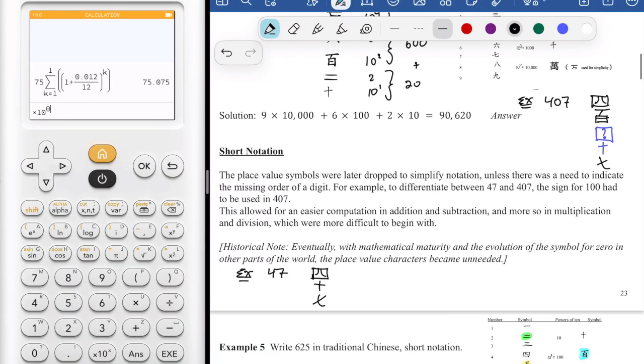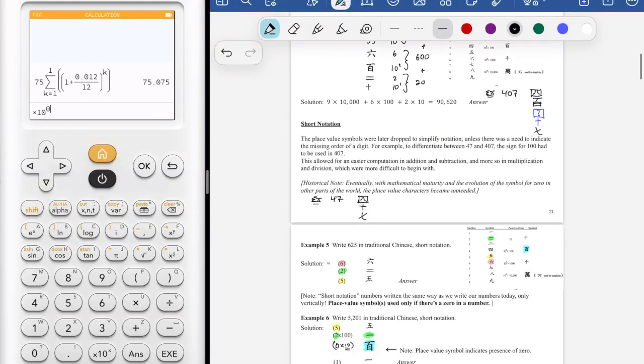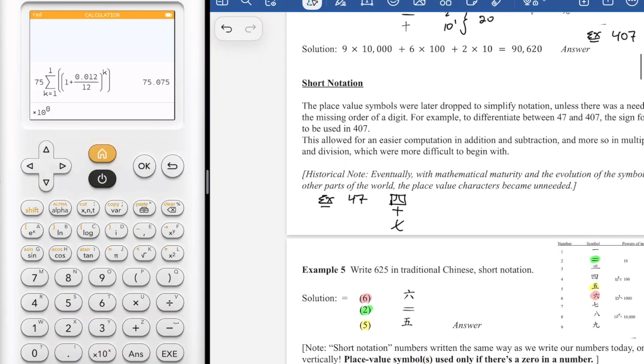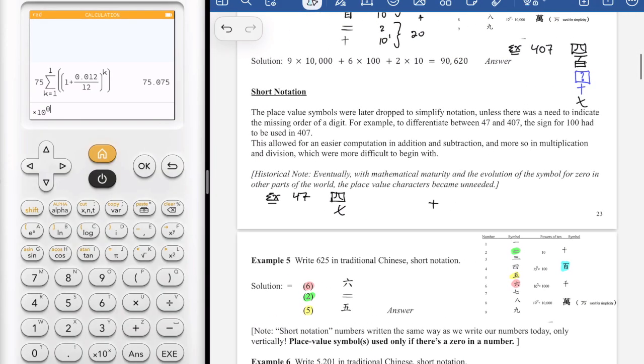All right, but if I'm using the shorthand notation, what would happen is I would strip away any indication of a placeholder. So I would take away this power of 10, and I would just have that to represent the 47.